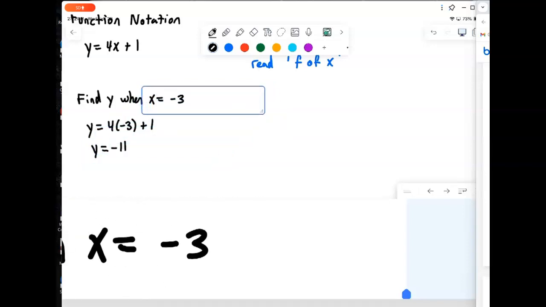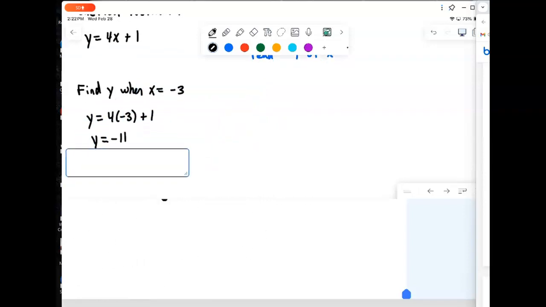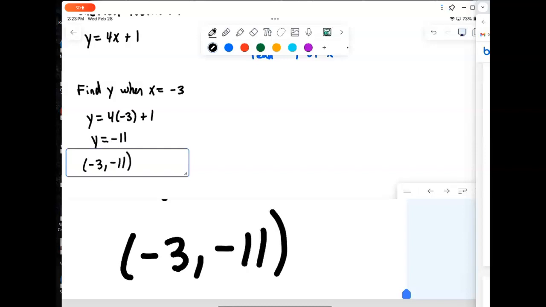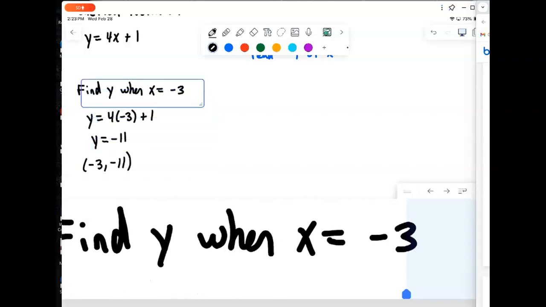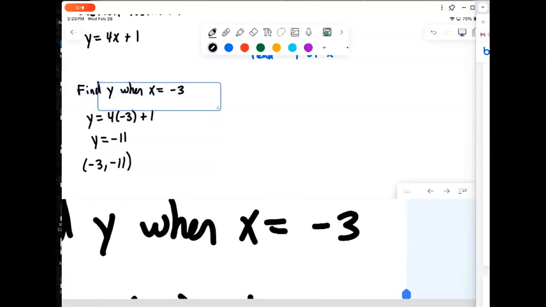One way of reforging that connection is to write your solution down as a point. That reconnects the fact that y is -11 because x was -3. And what function notation does is it takes that idea and attaches that to the equation form.